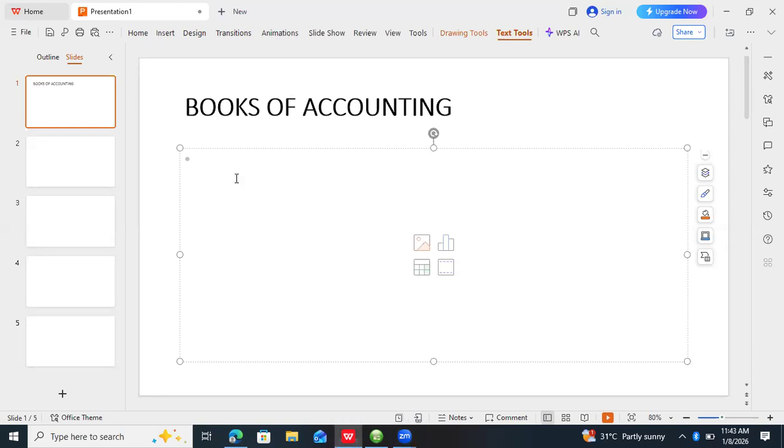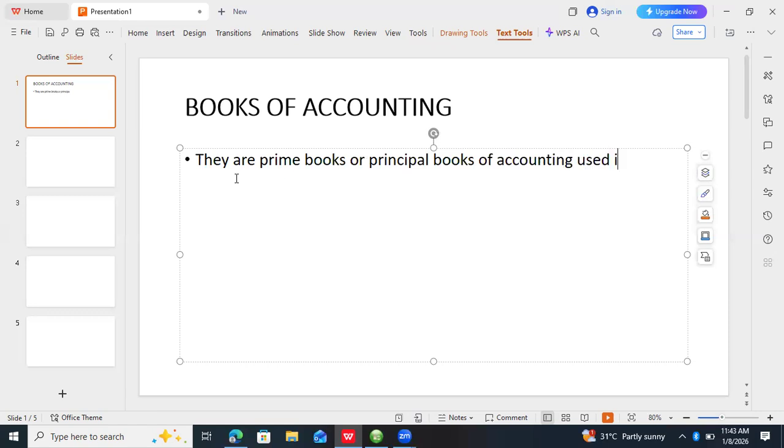Okay, so yes, books of account. Let me give the definition so that at least you can put something down. They are prime books or principal books of accounting used in recording business transactions.